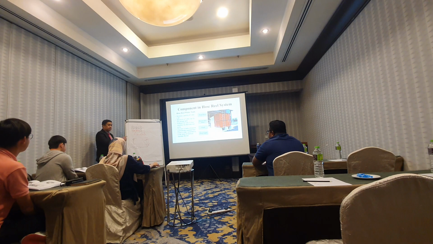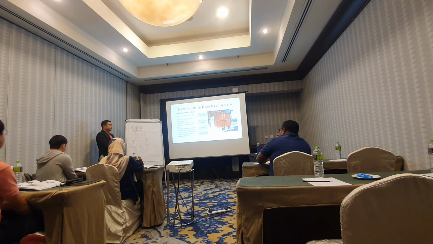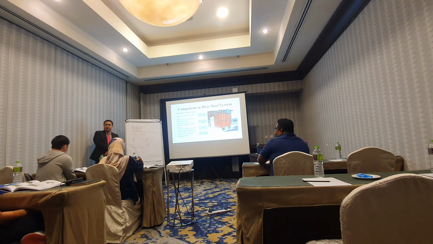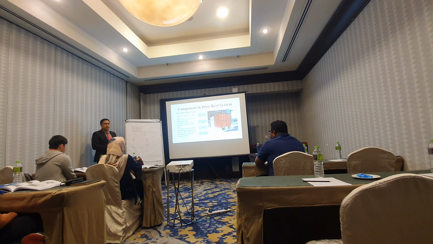Oh, dekat ni untuk hose reel. Maksudnya semua dekat roof. Kalau you letak hose reel dekat roof, sebenarnya you can make gravity flow punya ni. Kalau dulu kita panggil downcomer, but nowadays kalau you can prove with the calculation with the downcomer, you can have all the pressure required by all the hose reel scope, then tak ada masalah.